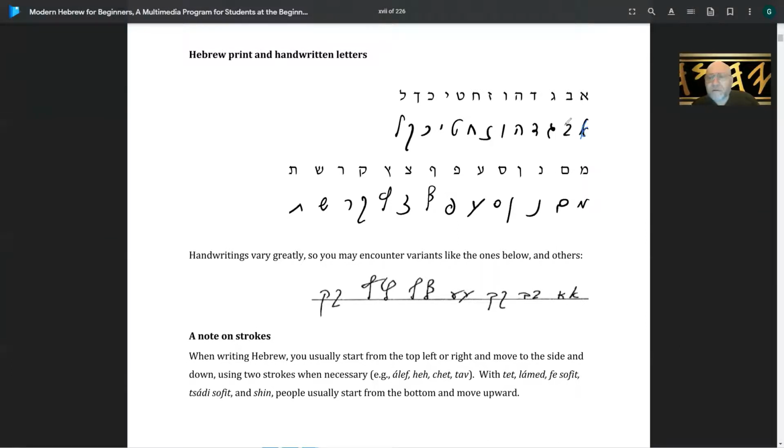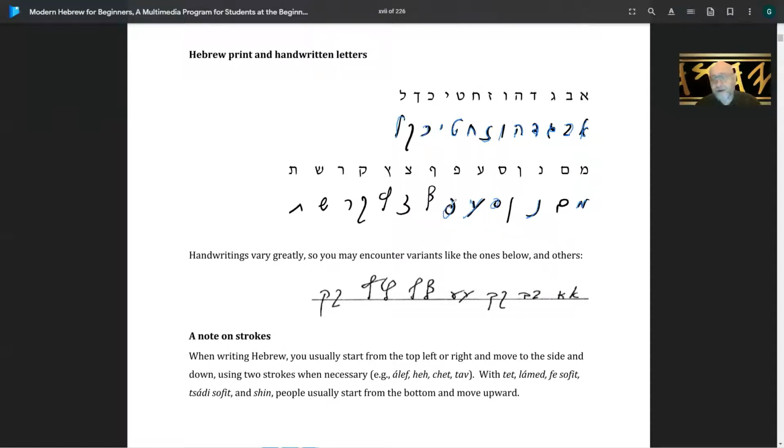Okay, so Aleph, Bet, Gimel, Dalet, Hey, Vav, Zayin, Chet, Tet, Yod, Chaf, Lamed, Mem, Nun, Samek, Ayin, Fe.